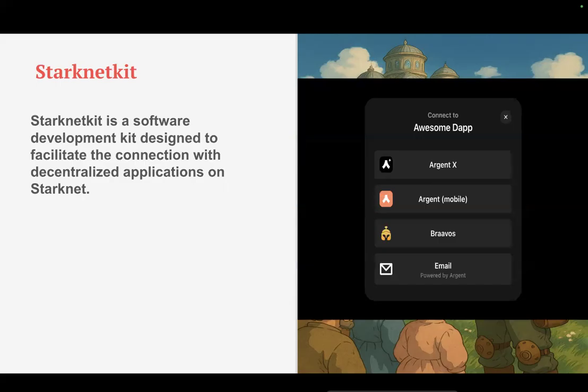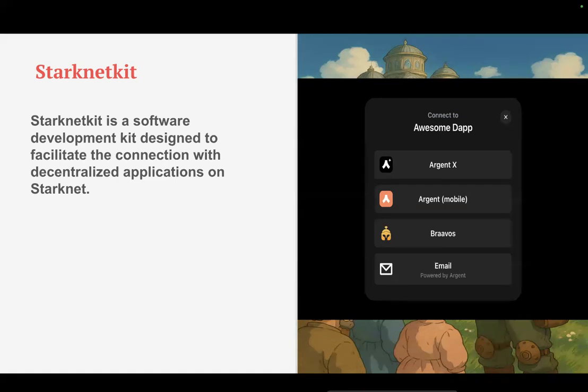So the next is the starknetKit. The starknetKit is a software development kit to facilitate the connection with decentralized applications on Starknet. So these two things are saying the same thing, but they are just two different libraries. One is an abstraction of the other.